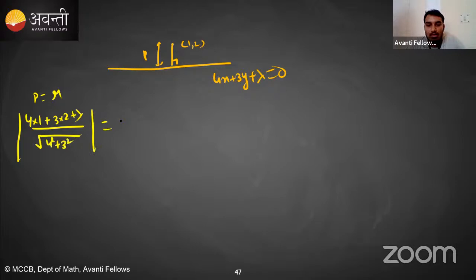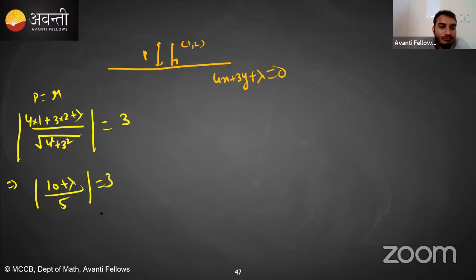Yes or no? So as I was saying, if R is equal to 3, so अब इसको solve करना है बस, और क्या रह गया? ये कितना आ गया? 4 plus 6, so 10 plus lambda upon, this is under root of 25, which is 5, is equal to 3, right?